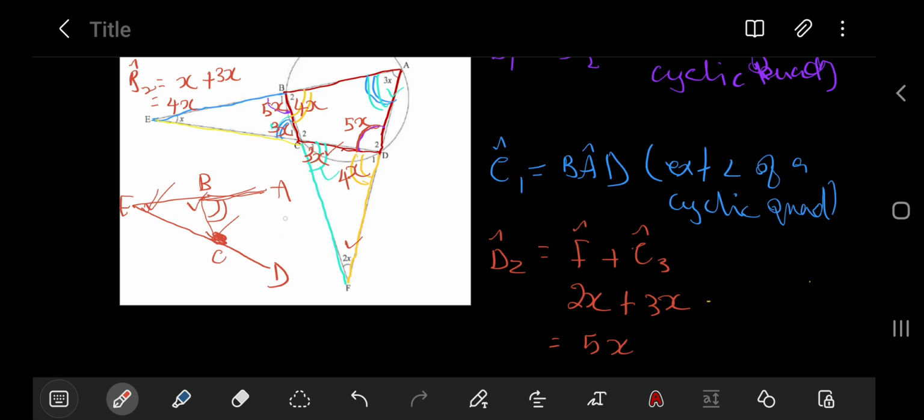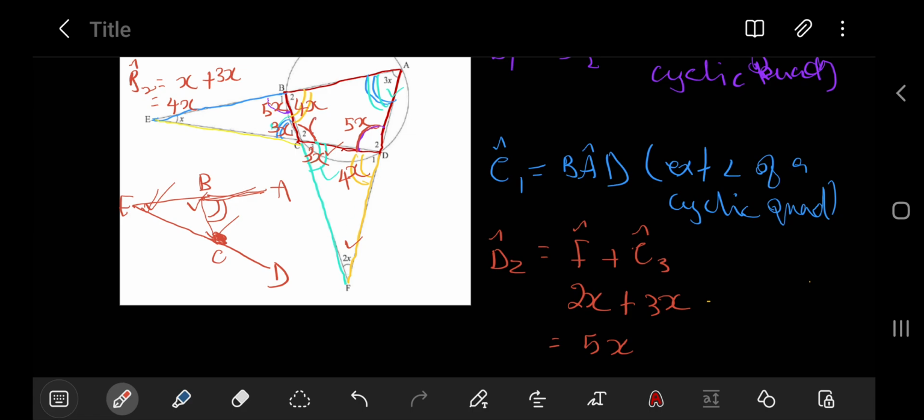And remember, from the exterior angle of a cyclic quad, that should be also 5x, right? And another one that is produced from this triangle CFD, we can see that FC is produced to B, right? So that angle, which is C2, is equal to D1 plus F. Okay, so D1 is 4x and angle F is 2x.